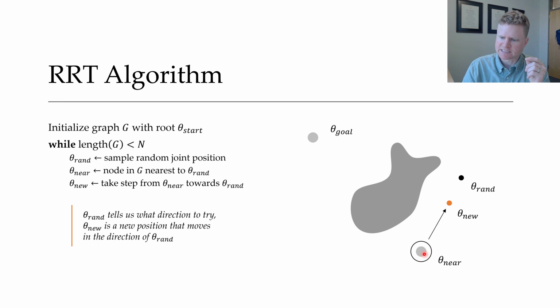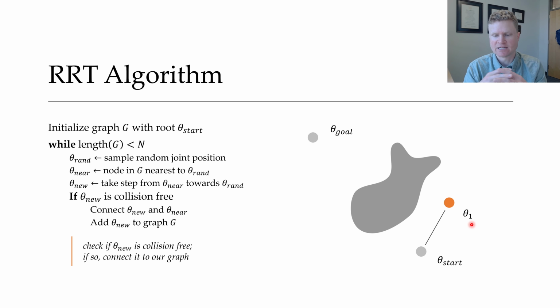All right, then I'm going to take a step from theta near towards theta rand, and that'll propose a new position called theta new. So it's a two-step process, but really all we're doing right here is just sampling random positions, and theta new is this new random position that we're sampling. And I want to check and see, is this new position valid? Like, can I add that to my graph?